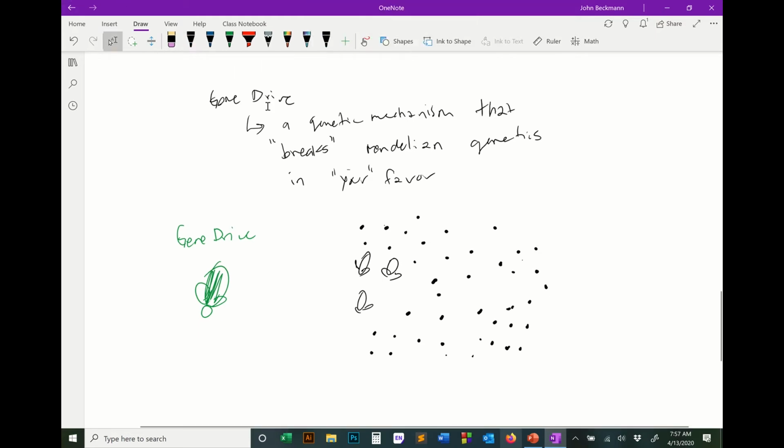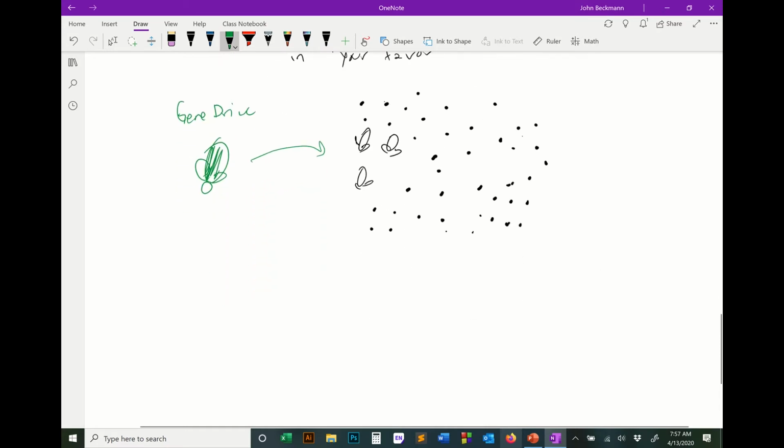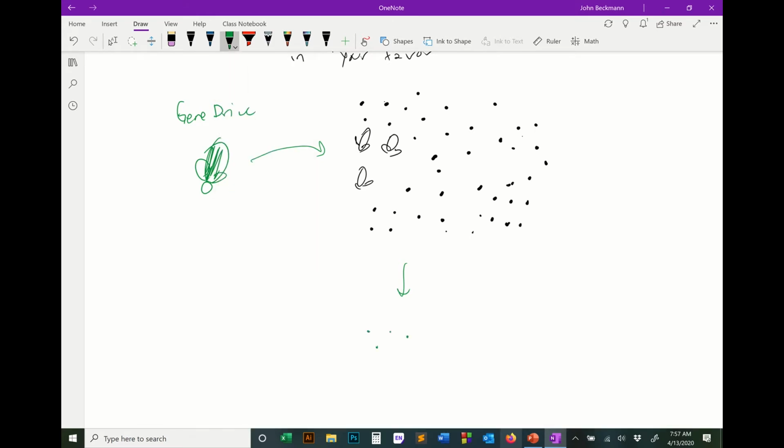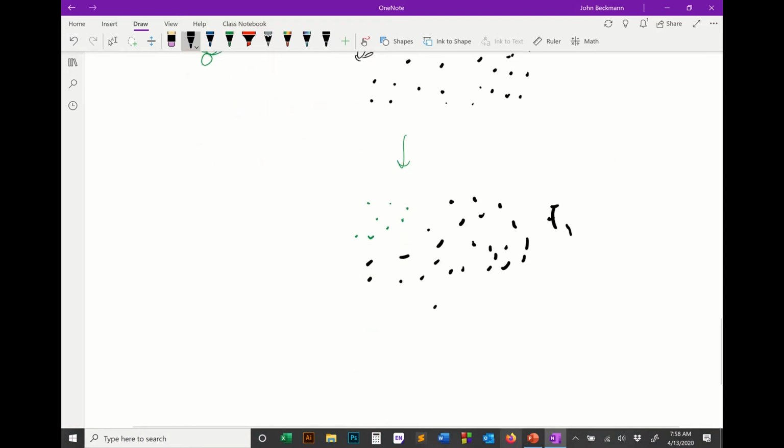So in a gene drive, you release this one into the population, and the next generation looks like this. Let's say this is the F0, this is the F1, and the next generation looks like this.